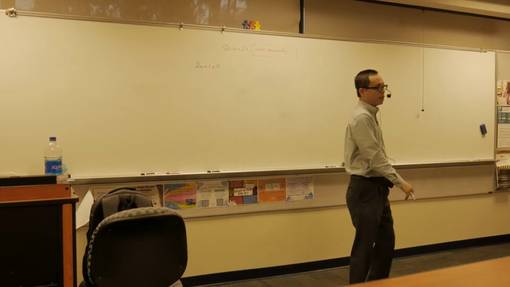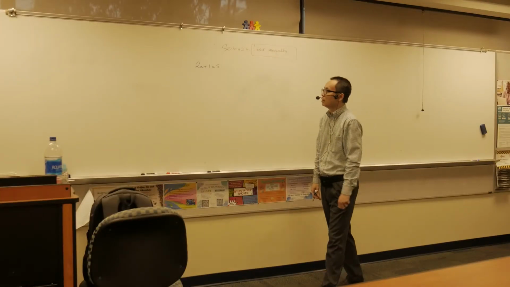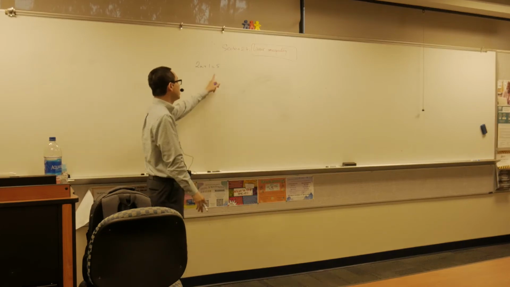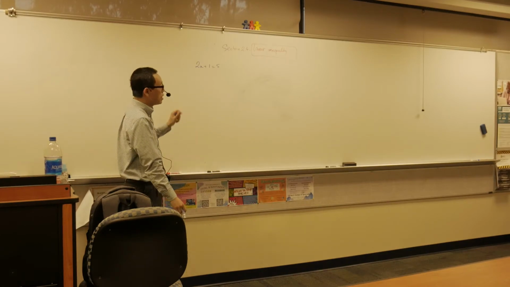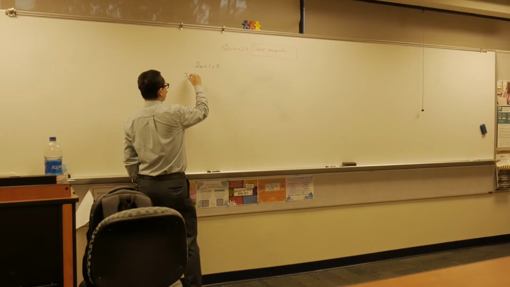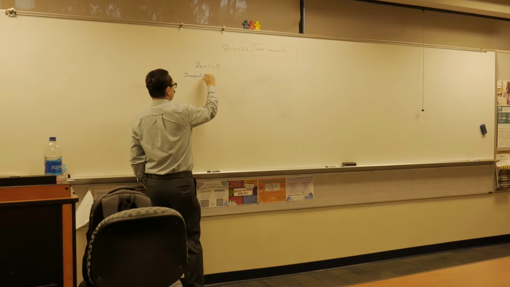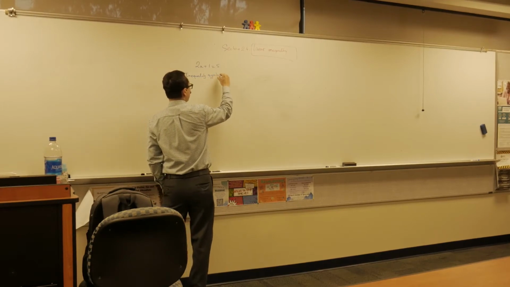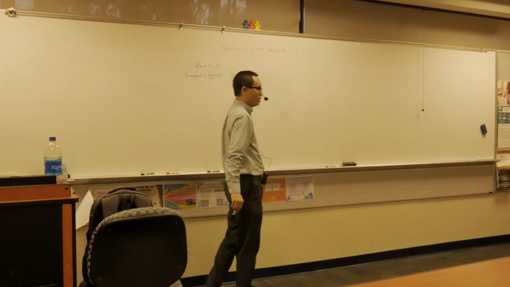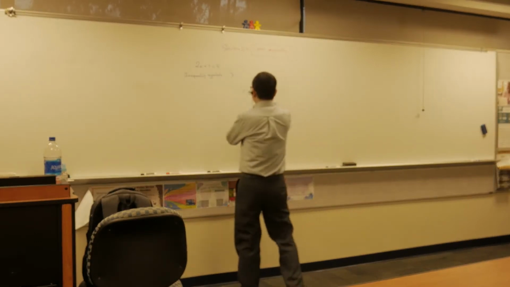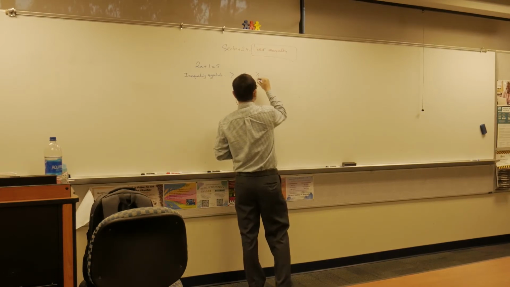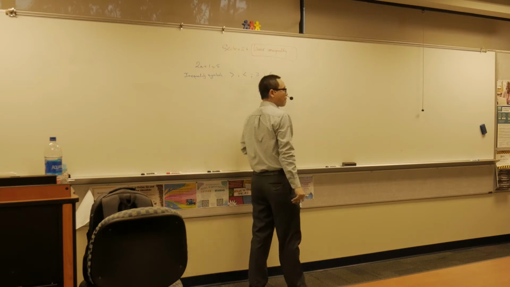This is a linear equation, and everybody knows how to solve this. You see that the left-hand side and the right-hand side are separated by the equal sign. Now I'm going to replace this equal sign with an inequality symbol. There are 4 inequality symbols: greater than, less than, greater than or equal, and less than or equal.